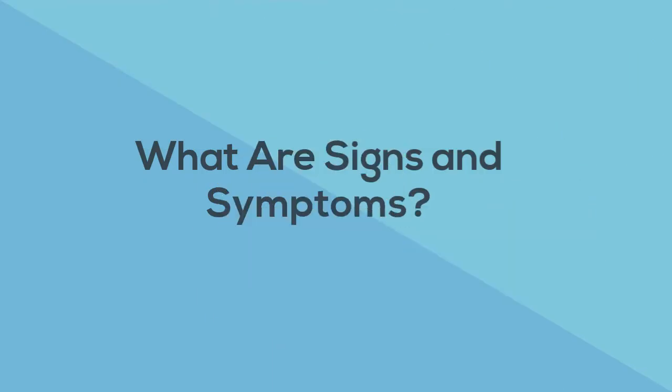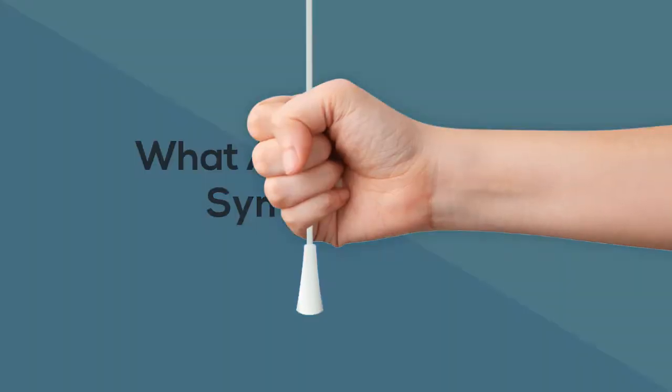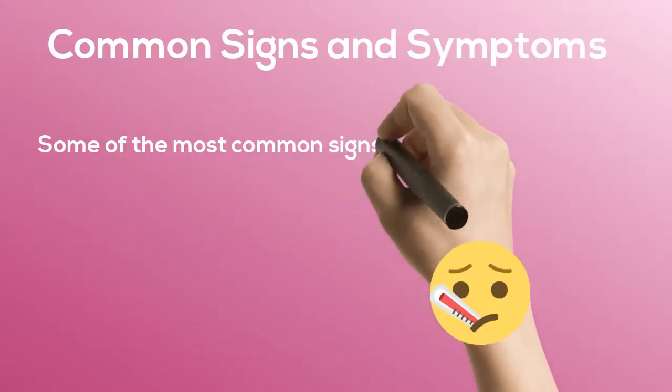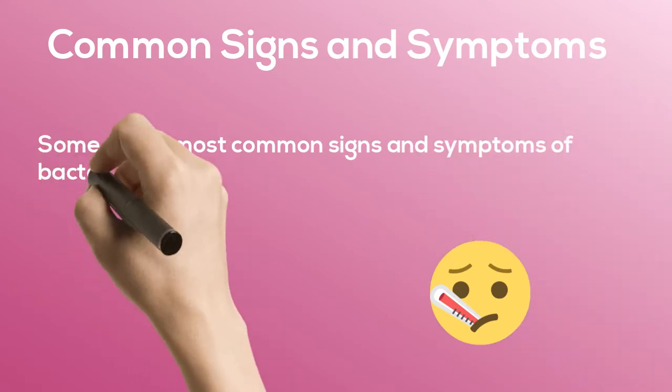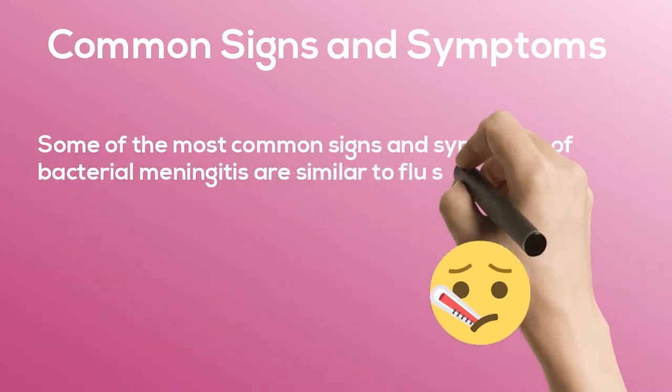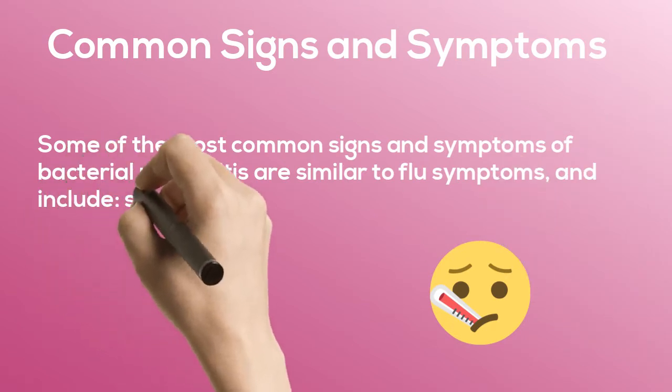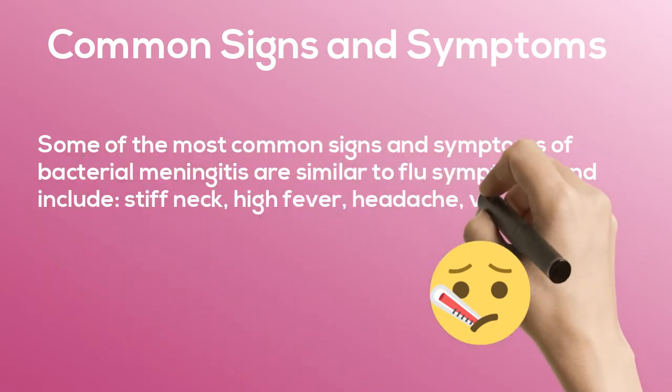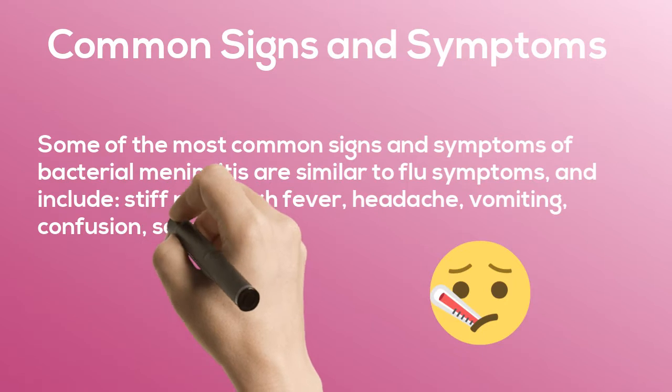So what are the signs and symptoms? Some of the most common signs and symptoms of bacterial meningitis are similar to flu symptoms and include high fever, stiff neck, headache, vomiting, confusion, and sensitivity to light.